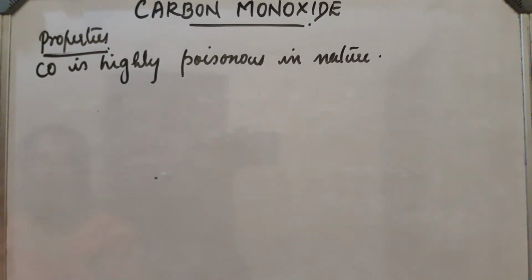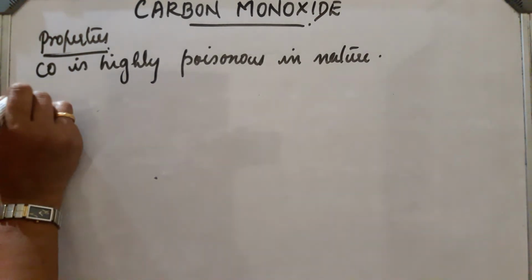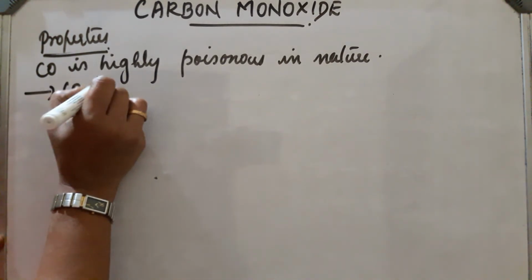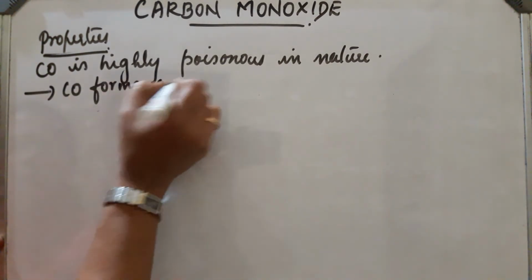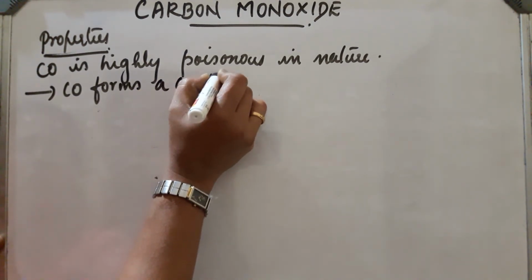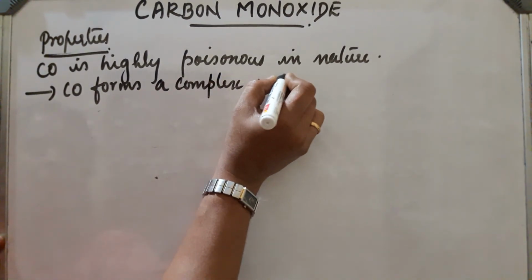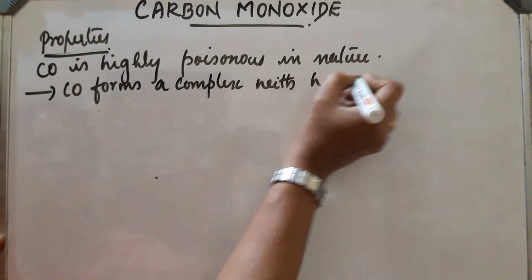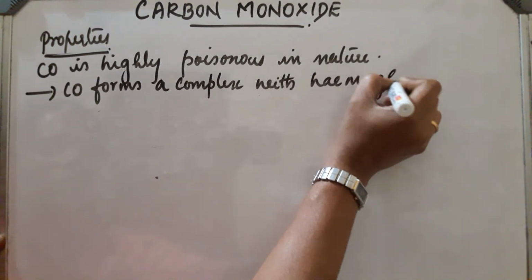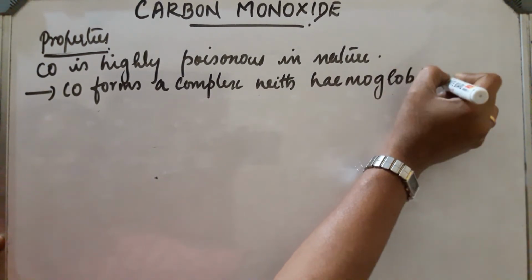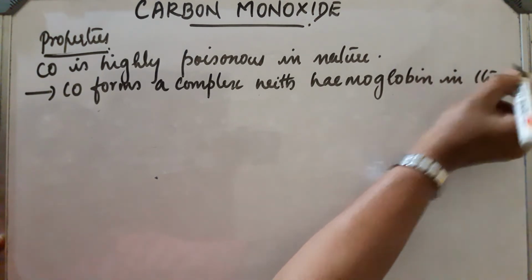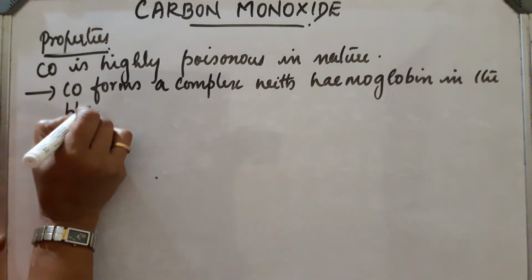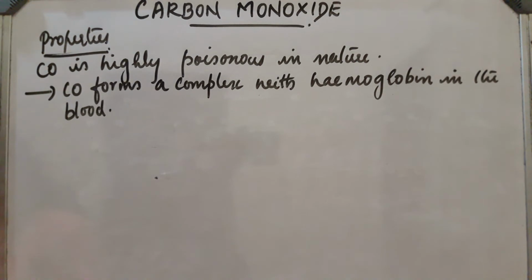Carbon monoxide forms a complex with hemoglobin in the blood.